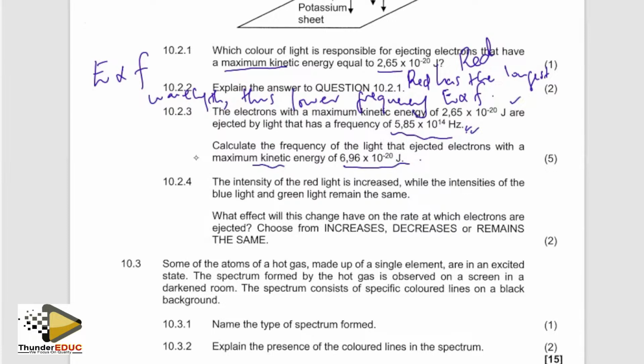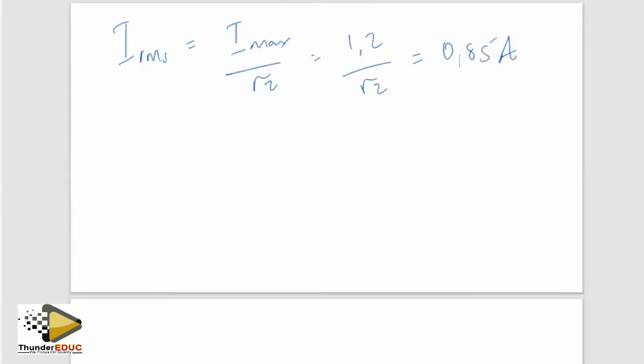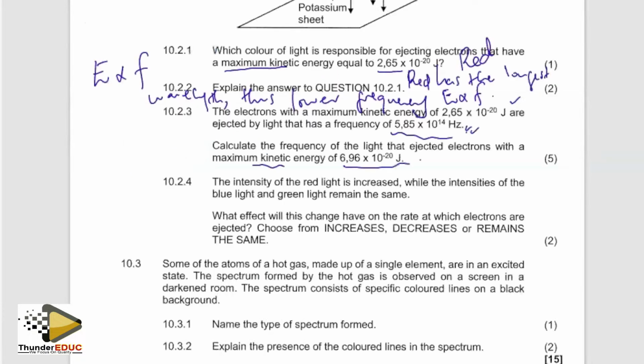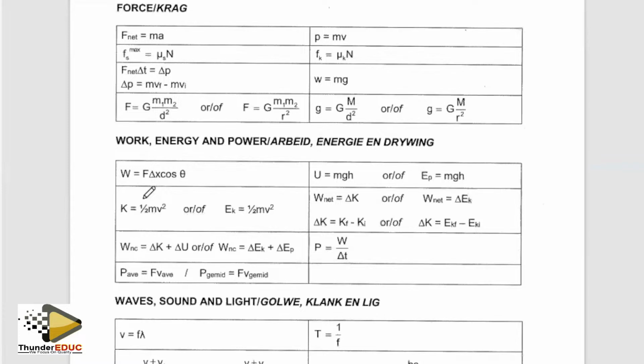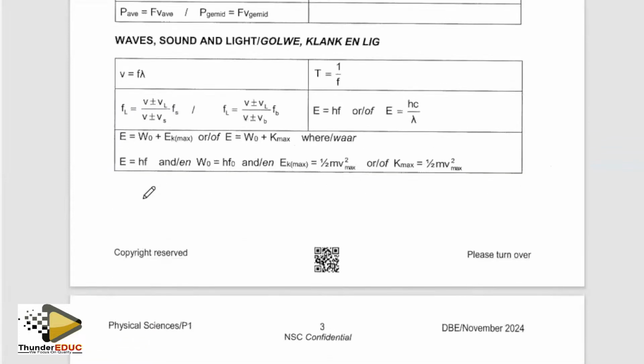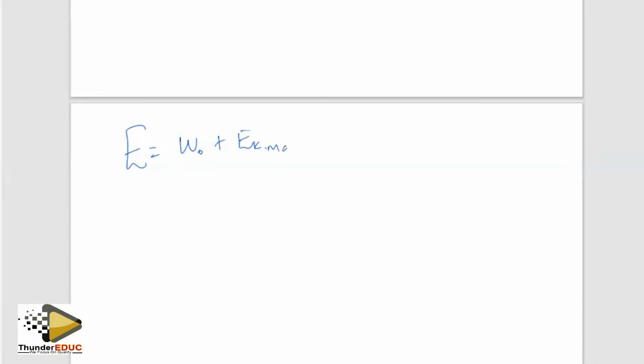So from our formula page, there's a formula of E max that talks about the work function plus the EK. Let's confirm that. Which formula are we using? Okay, so we have it here. E is equal to W naught plus E k max. Okay, so this is what we're using.